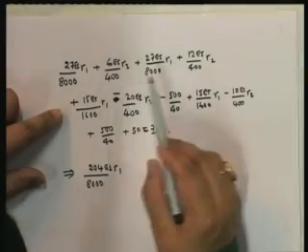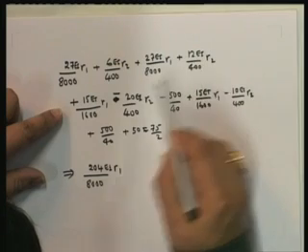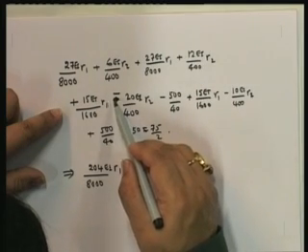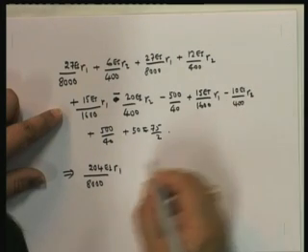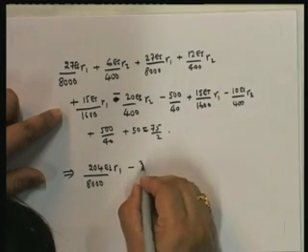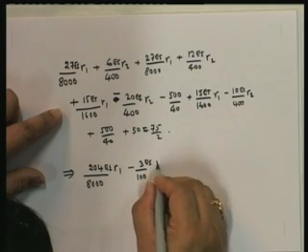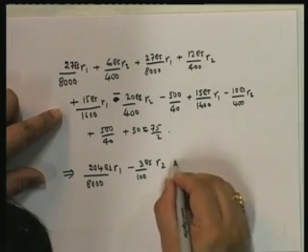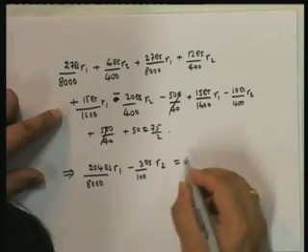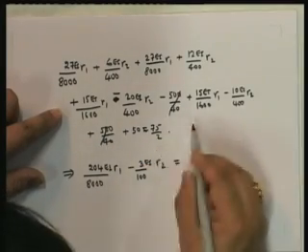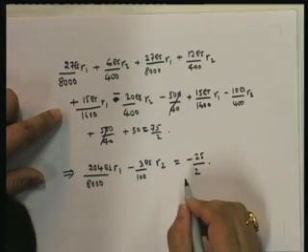Then all of the R2 terms are over 400, so 6 plus 12 is 18, 18 minus 20 is minus 2, minus 12 upon 400 is minus 3 upon 100 EI R2, is equal to, this cancels this, and this goes on the other side, so this becomes minus 25 by 2.